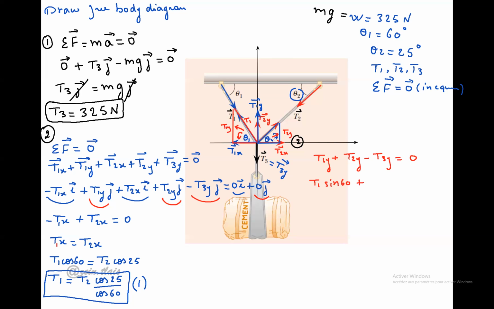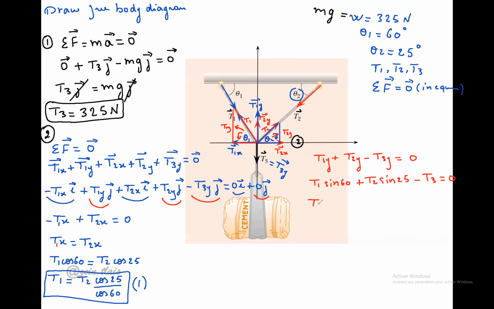Sine theta 2 equals T2y divided by T2 in this triangle. So T2y equals T2 sine theta 2, which is 25, minus T3y equals T3. We don't have an x component, so we can say T3 equals 0.